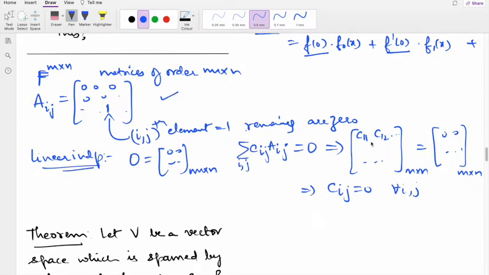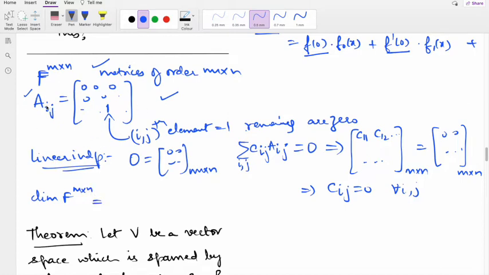And in the same way, you can see that this basically spans your vector space. So it's trivial. Here the vectors are matrices, so the basis will also be a set of vectors in the particular space, which is basically a set of matrices defined like this. So this set is also a basis for this vector space, and therefore the dimension of F^(m cross n) will be the number of elements in this set.